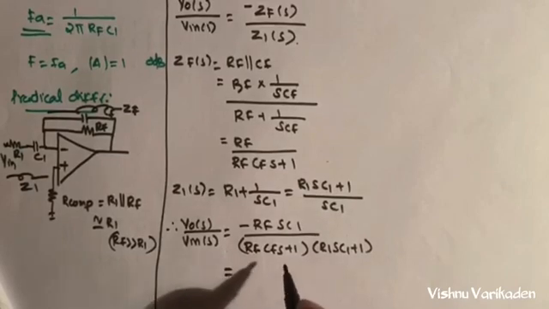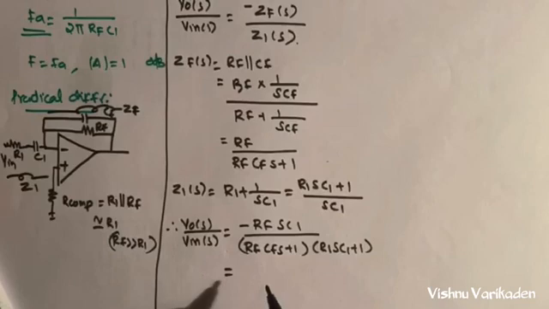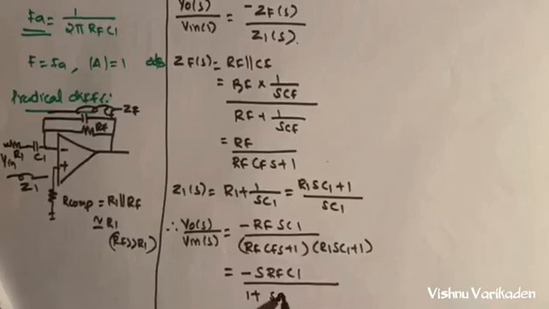So we can rewrite this as minus S RF C1 divided by 1 plus S RF CF into 1 plus S R1 C1.